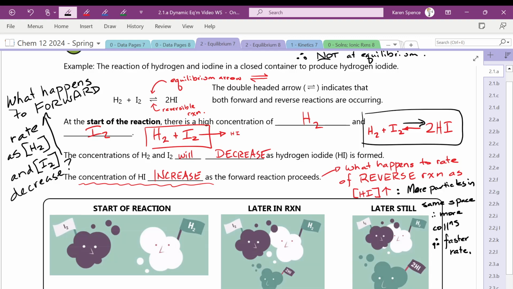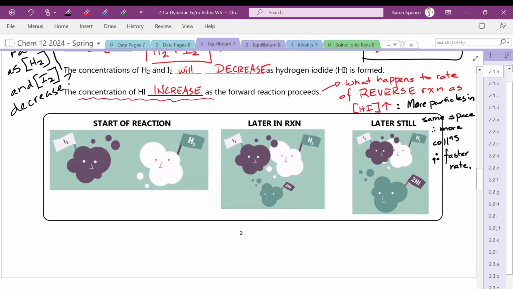What could you say? There are less particles. No, you're correct. The rate would decrease because there's less particles, although in the same space, and therefore there are going to be a lower frequency of collisions, and therefore the rate will be slower. Okay? I don't know where to write that. Oh, here we go.